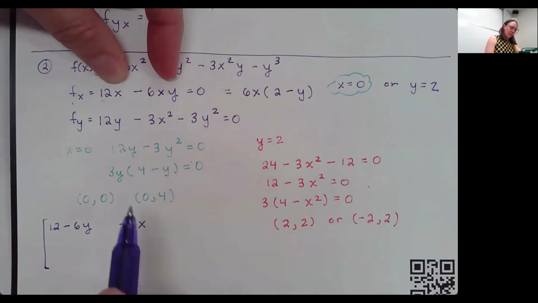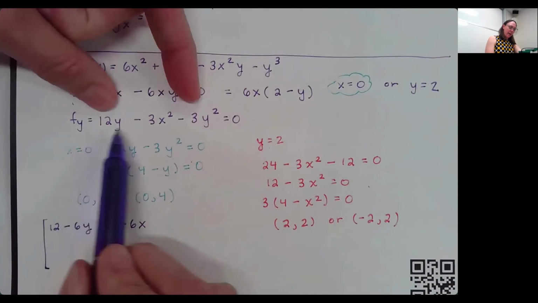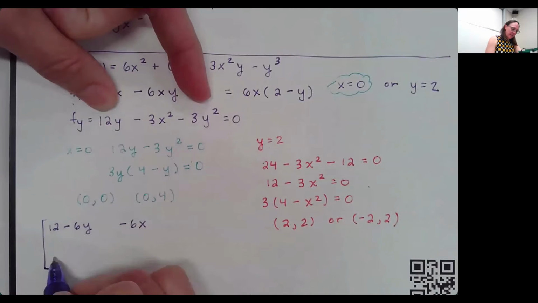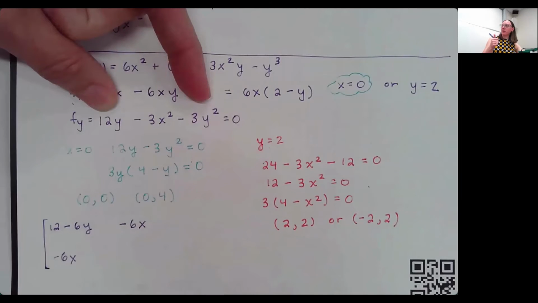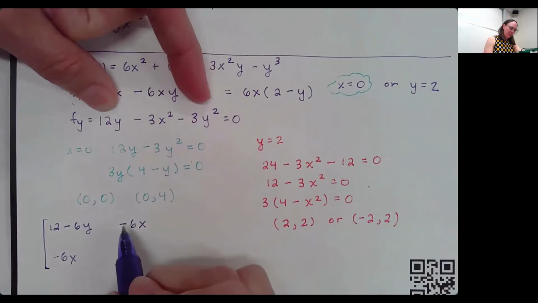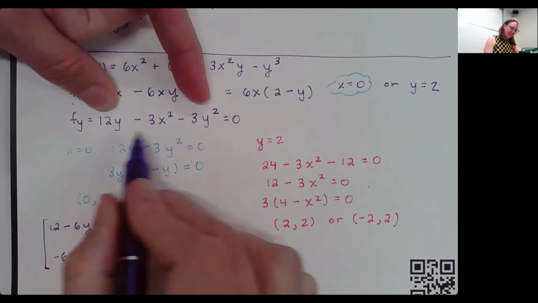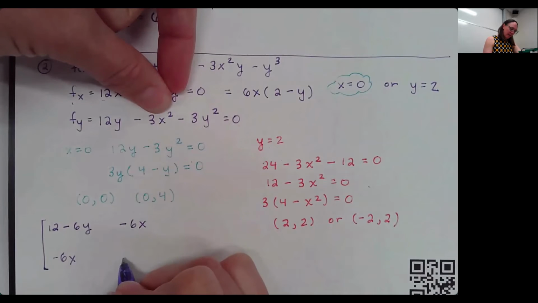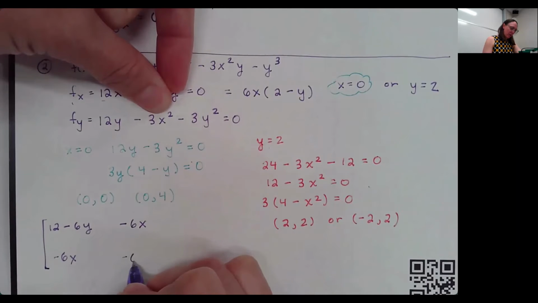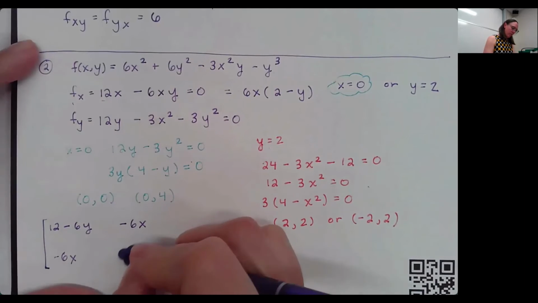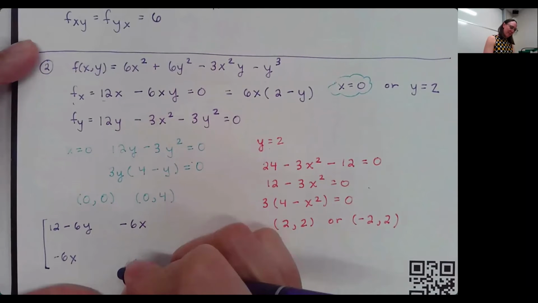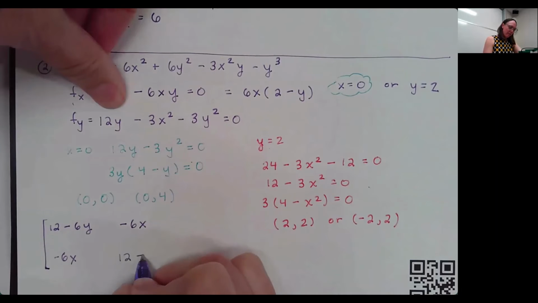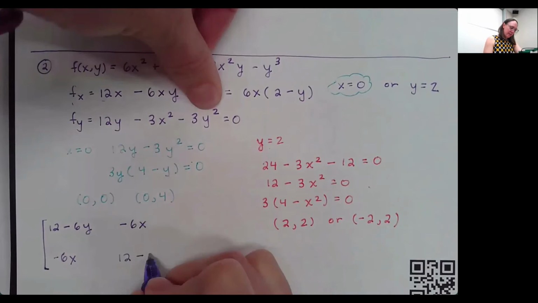If I start with my partial with respect to y, I take the derivative a second time, but with respect to x, I get negative 6x, which is good. We should match. And now if I take my partial with respect to y, I'm going to have 12 minus 6y.